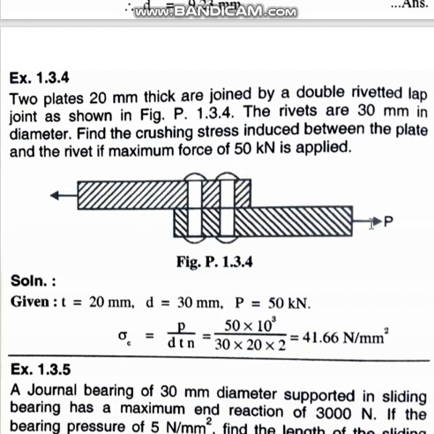In the lower plate, when you are pulling it, on this surface here and on this surface here, the crushing will take place. So what they are saying is, find the crushing stress induced with the plate and the rivet if the maximum force of 50 kilonewtons is applied.